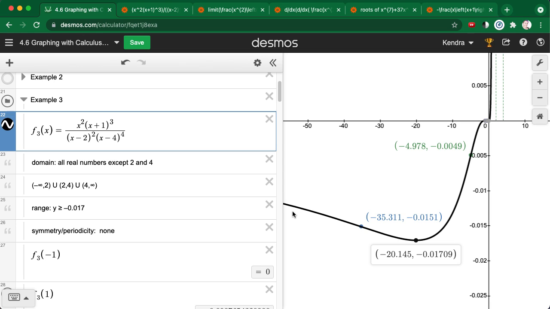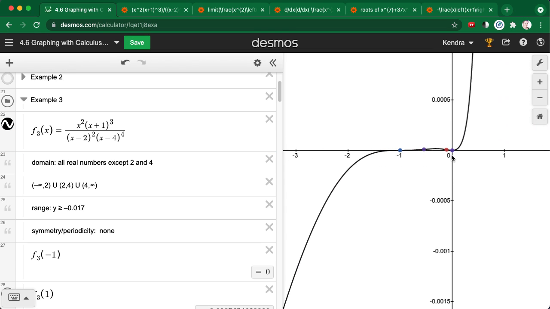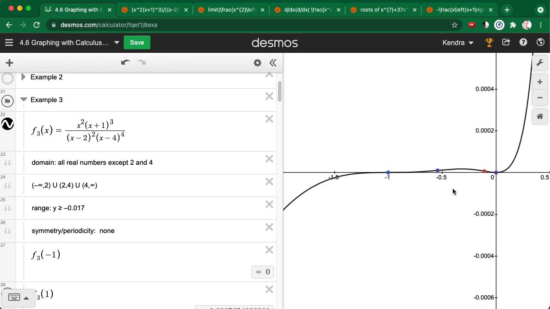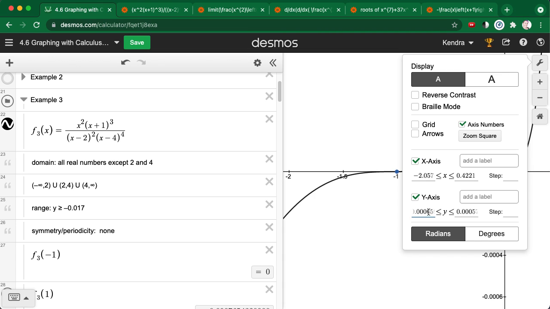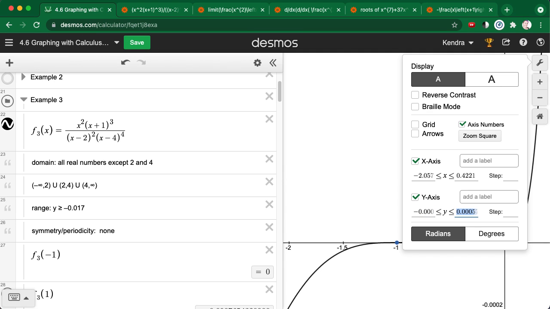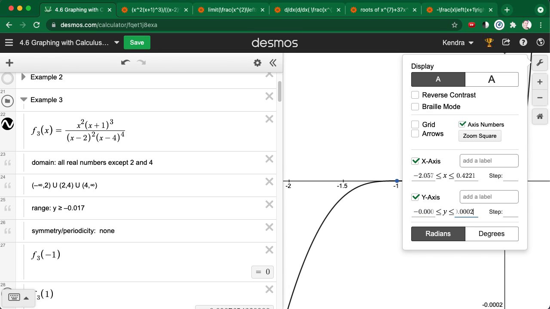I can barely see a little bit of concave downness here and more concave upness here. And I can see that point of inflection where there's a concave up and then at that green point switches to concave down. I would probably want to zoom in a little bit more, leaving the x values alone but changing the y values this time: -0.0002 to positive 0.0002.